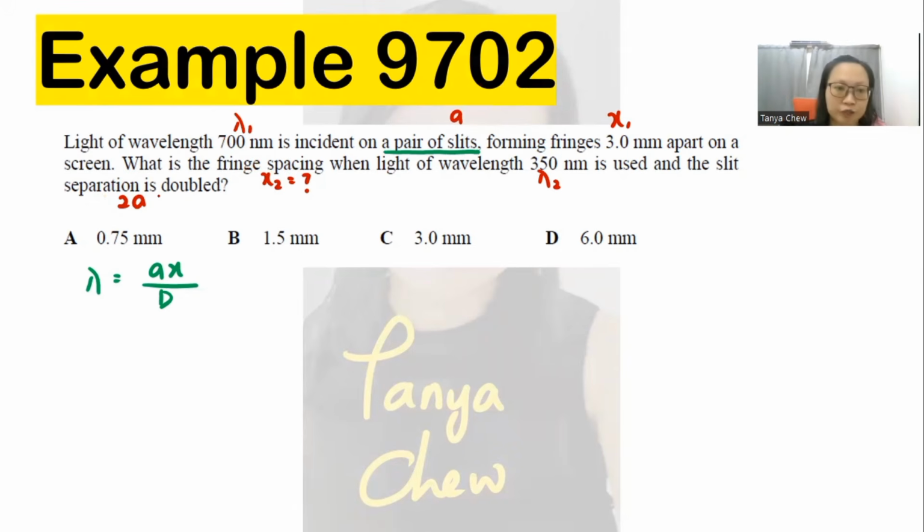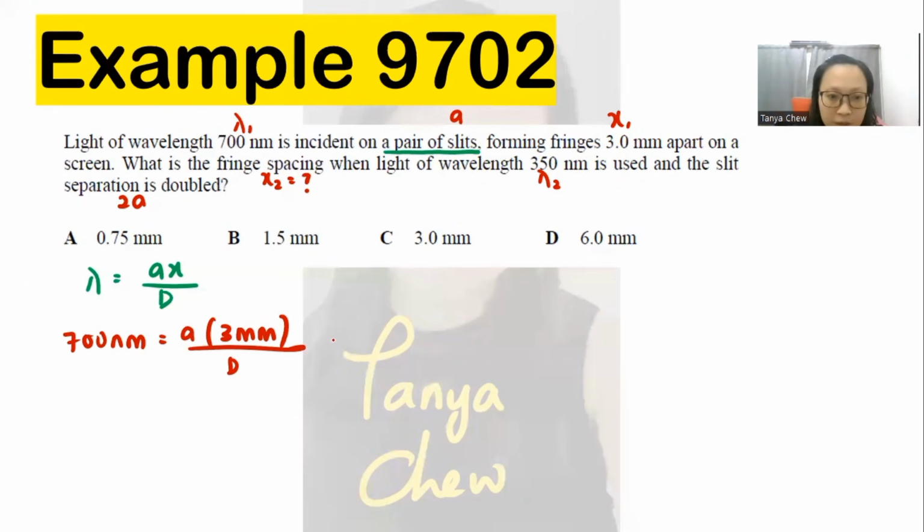Now I just want my first equation, which is related to lambda 1, x1, A, and D. Because they didn't mention D, it means that the distance between the double slit and the screen is constant. So I'm going to stick with D. So 700 nanometer is equal to A times x1, which is 3 millimeter, over D. I'm not going to change that millimeter to meter because all the choices here are in millimeter.